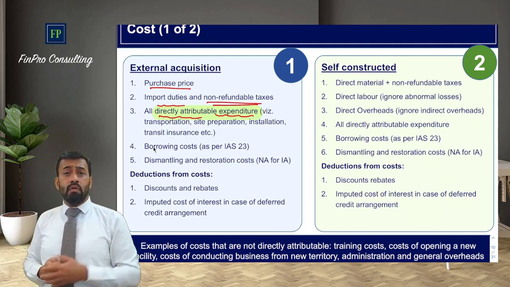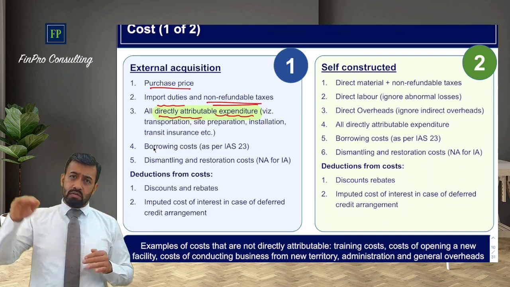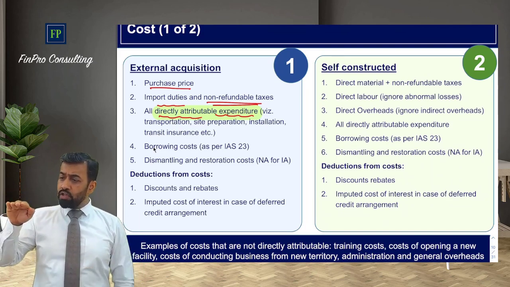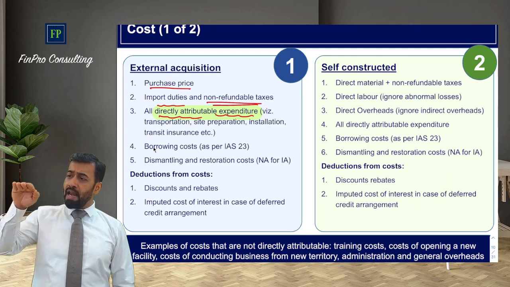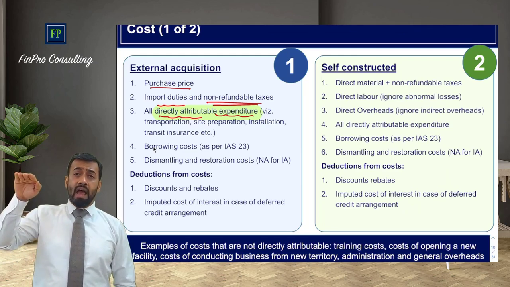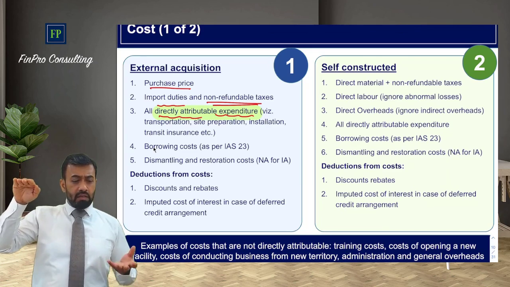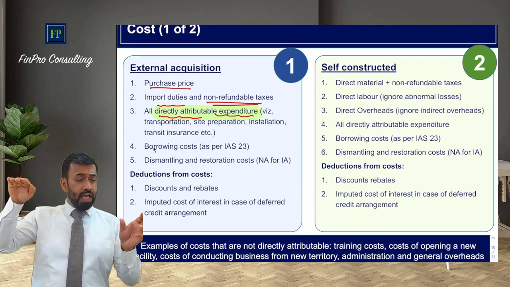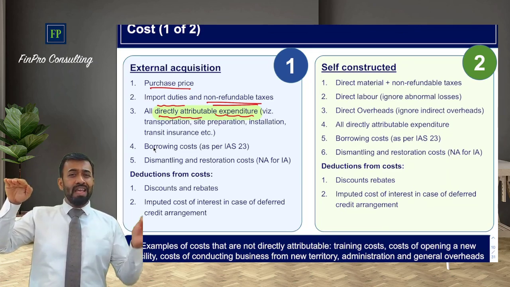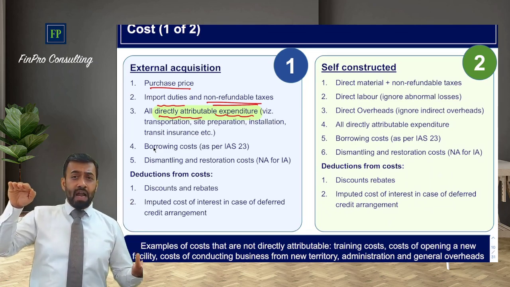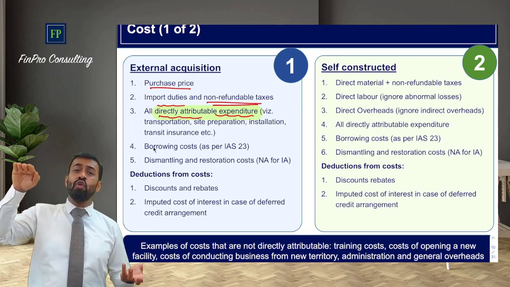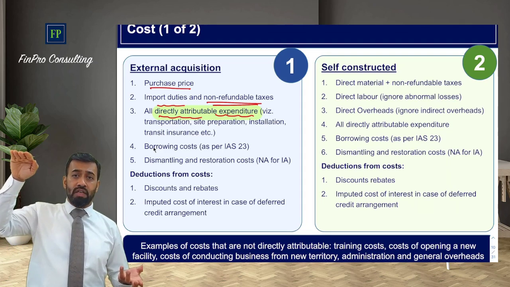Let's say trial run expenditures. Trial run expenditures will help you bring or enhance the quality of that asset's output. Every time you take the trial expenditure, you check the output of that machinery and you recalibrate that machinery. That trial run expenditure actually makes you enhance the quality of that machinery.